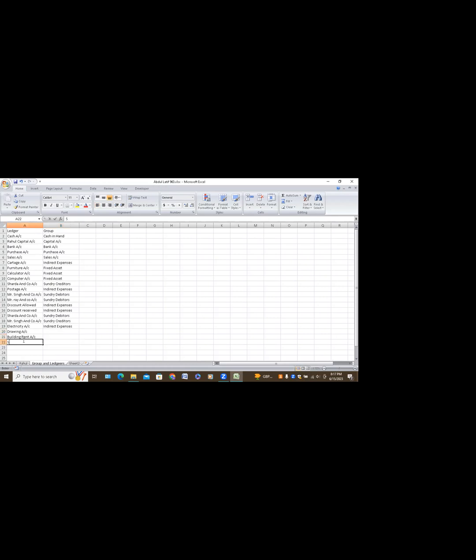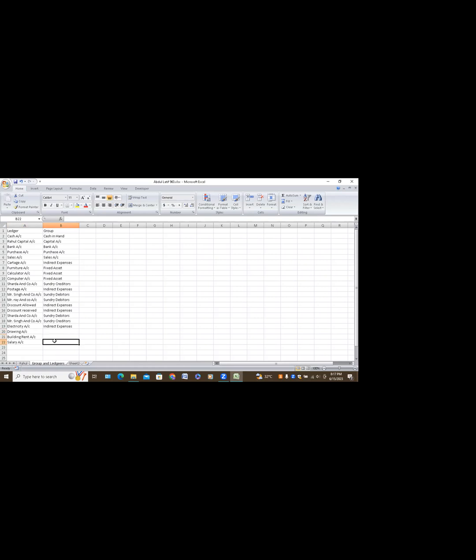Salary account comes under which group? Ma'am, indirect expenses. Indirect income? How is it indirect income?